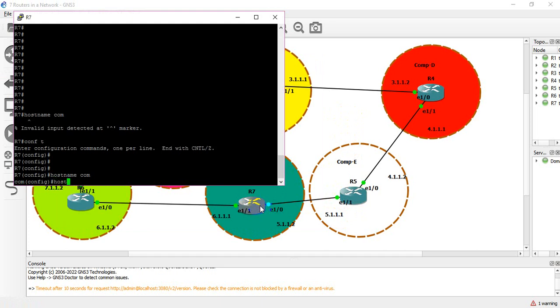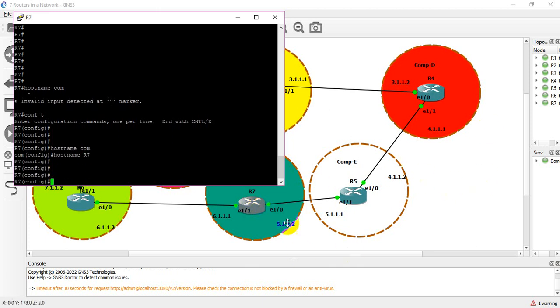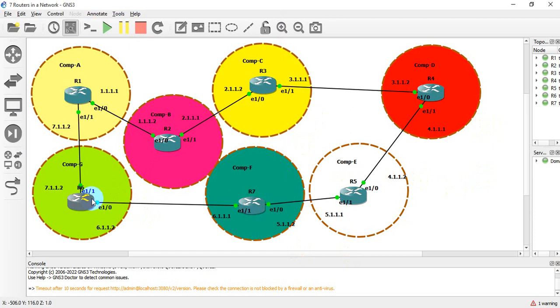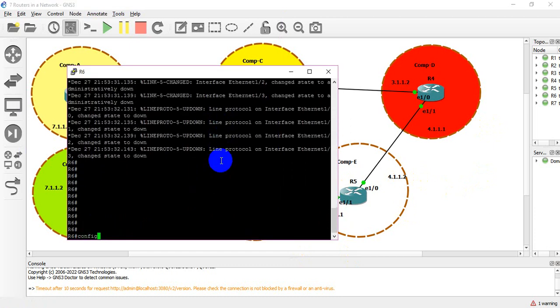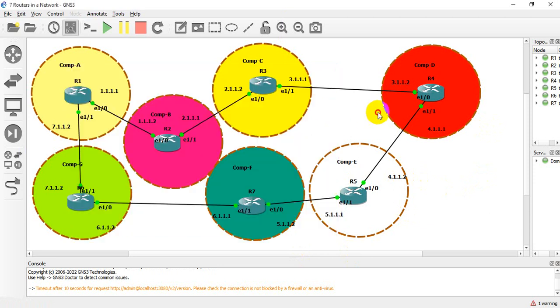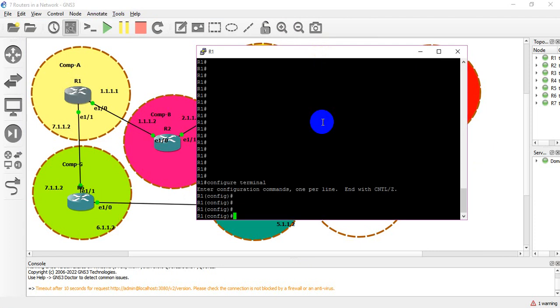So let me change the host name here to R7 and let me go from privileged execution mode to global configuration mode to configure these routers and make them able to communicate with each other. So how to configure? Same way in which I configured the previous routers in the previous session.